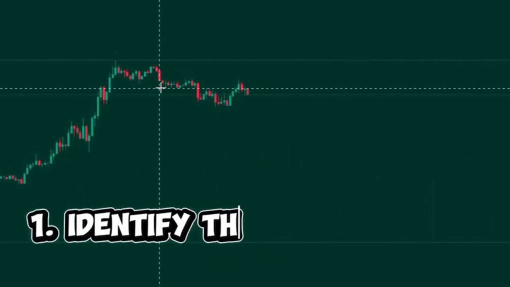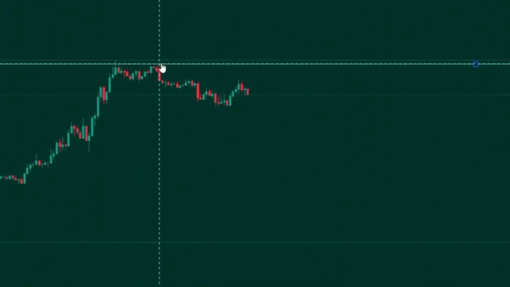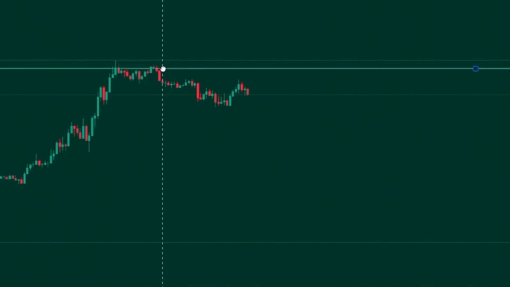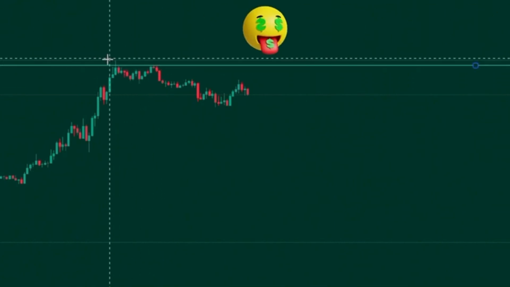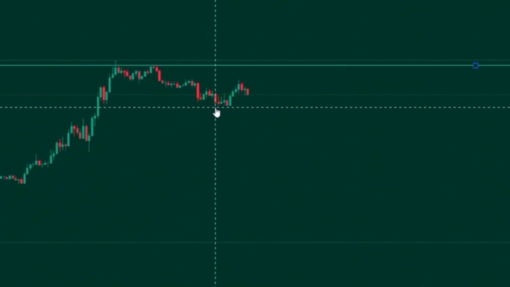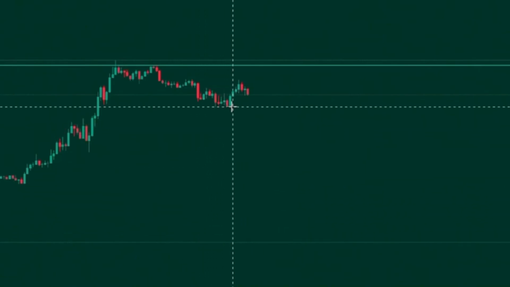So I want you to start off with identifying your liquidity areas. We're going to take our horizontal tool and mark our highs here, right around this level. You've got highs, so there's a lot of liquidity resting above this area. And you can literally see around here, we've got equal lows. So we're going to be tapping into them, right?